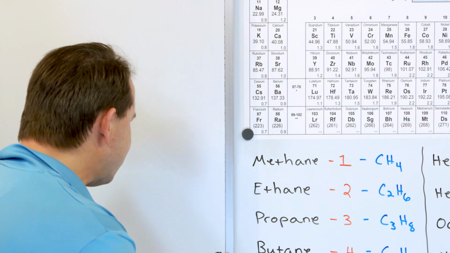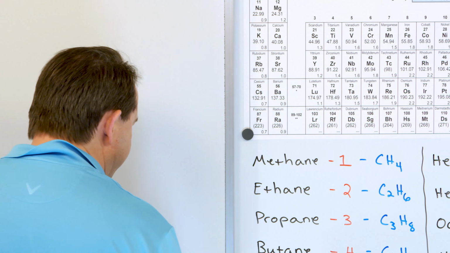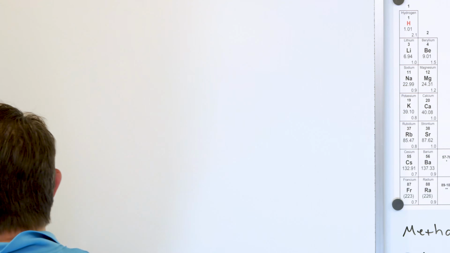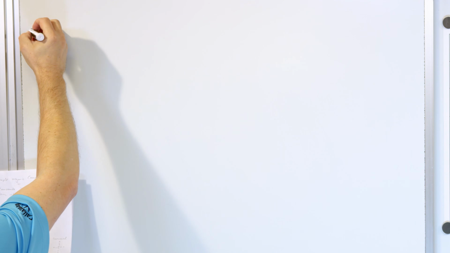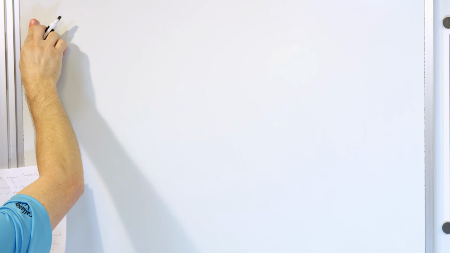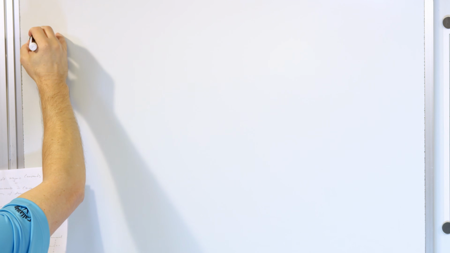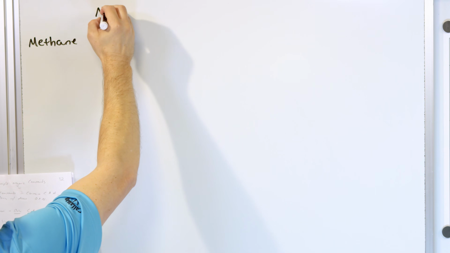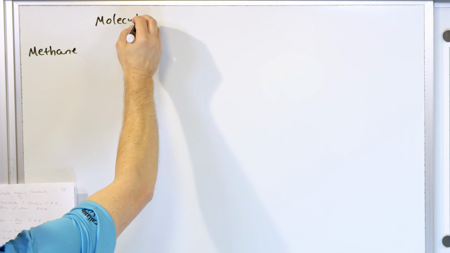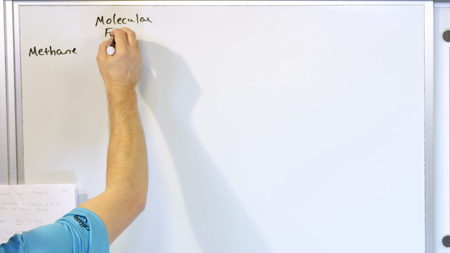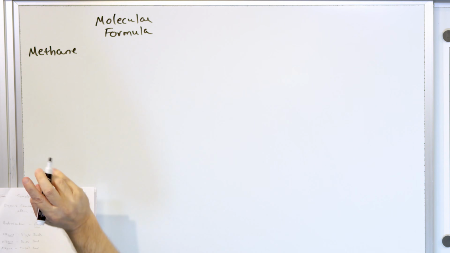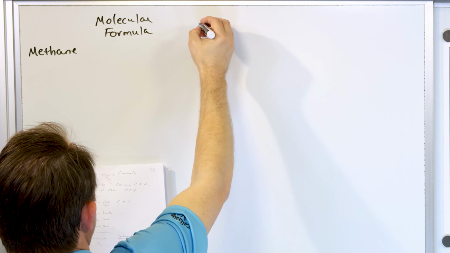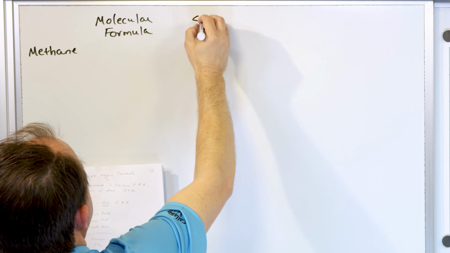All right, so now what we want to do, now I think that we know a little bit about what we're talking about, is I want to compare a few different things. So let's talk about methane. I'm going to write down the molecular formula, and then we're going to talk about something called the structural formula.